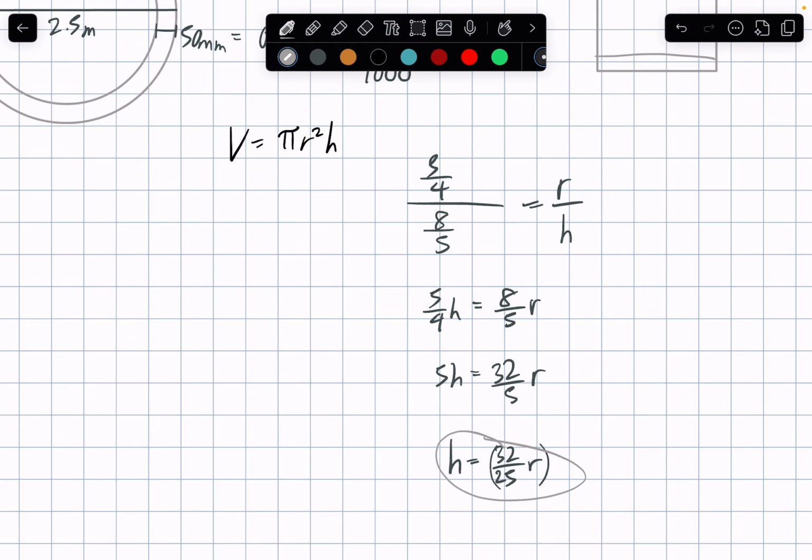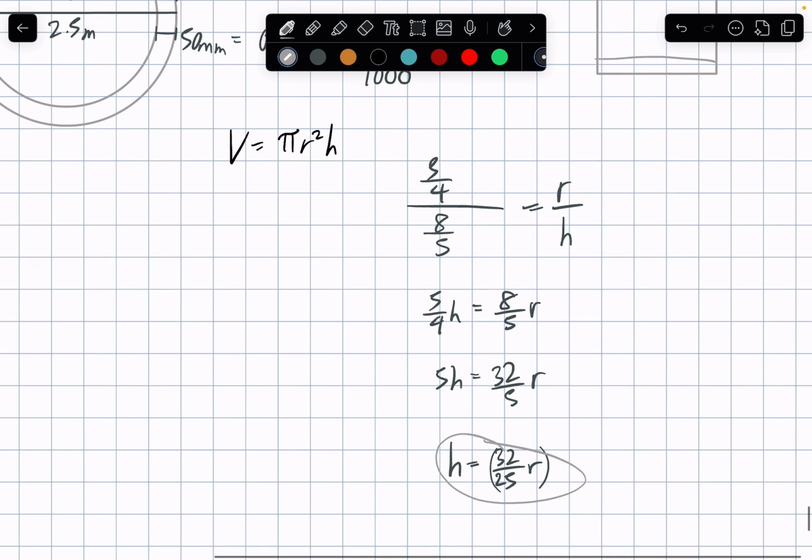Let's see. R is equal to 2H. Is that true? Hmm.